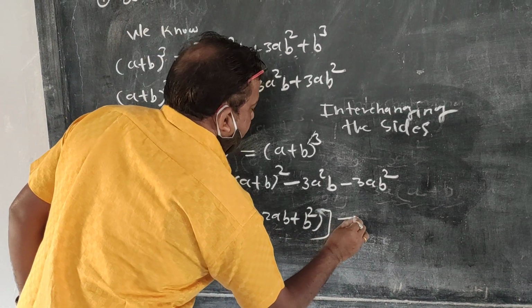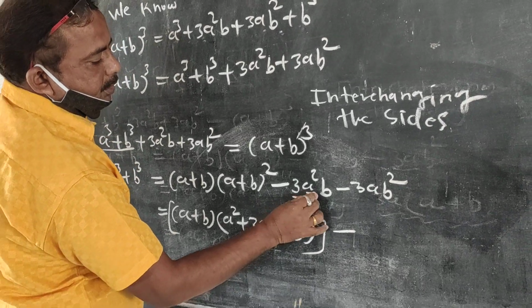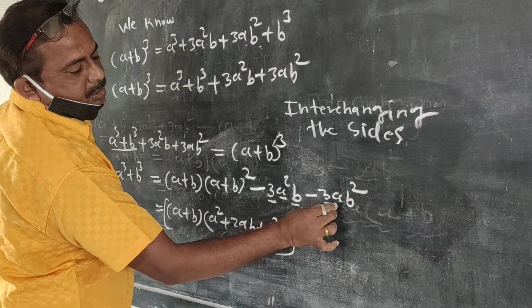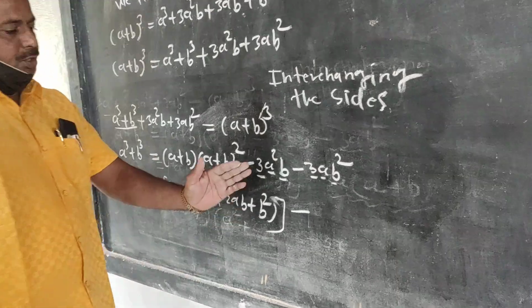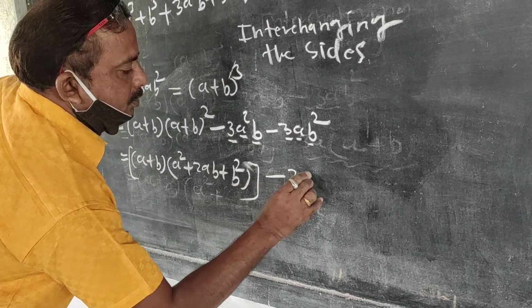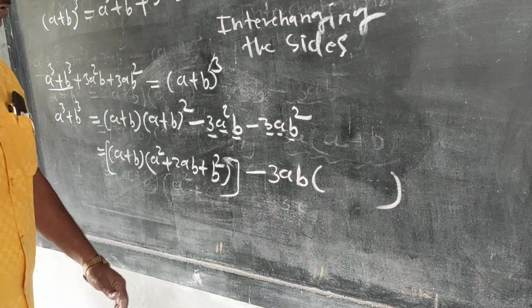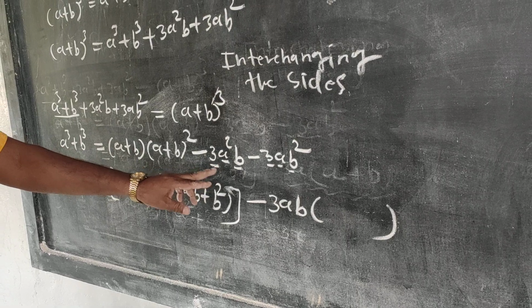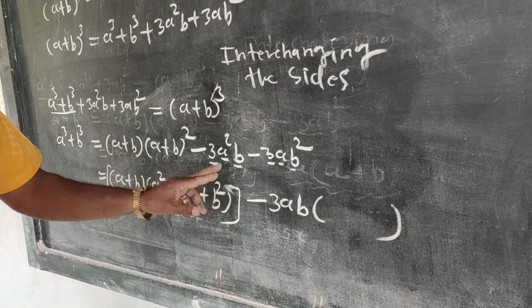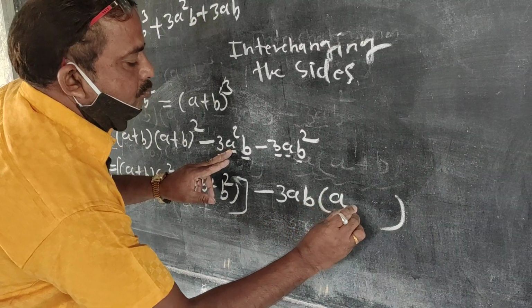In the second term, minus is here, we will take the common term 3ab. So we will write 3ab and write the remaining terms in a bracket. What are the remaining terms? 3 is here, a is here, out of a square a remains, and a remains here.